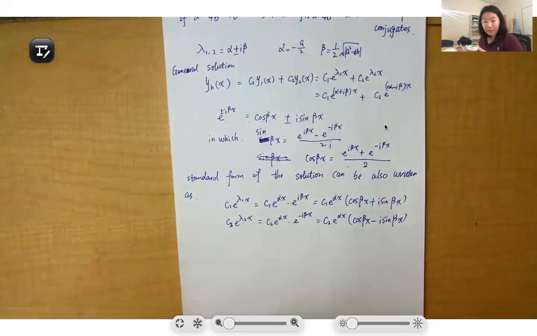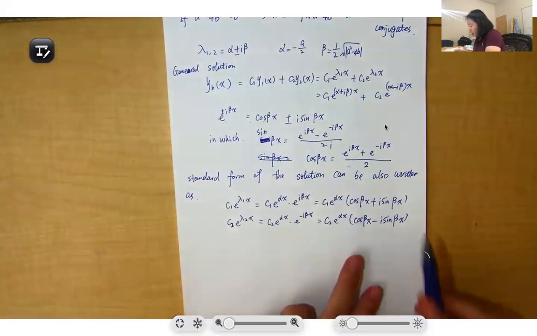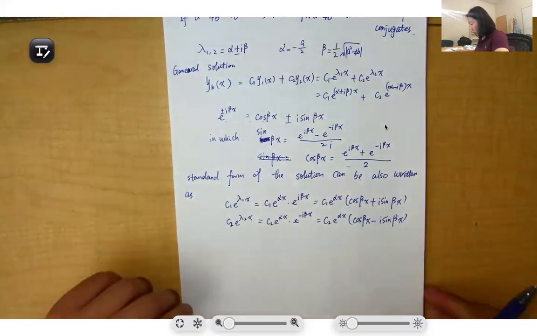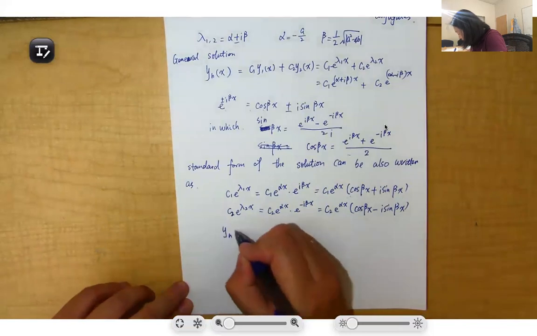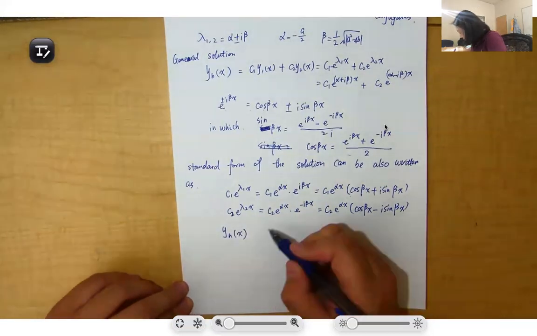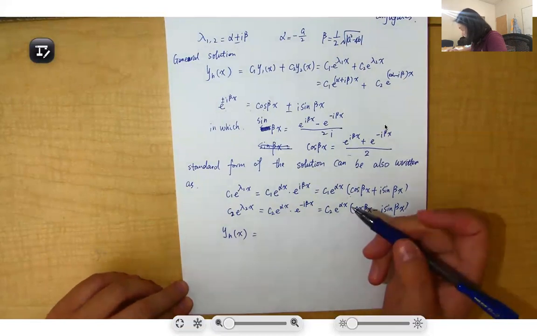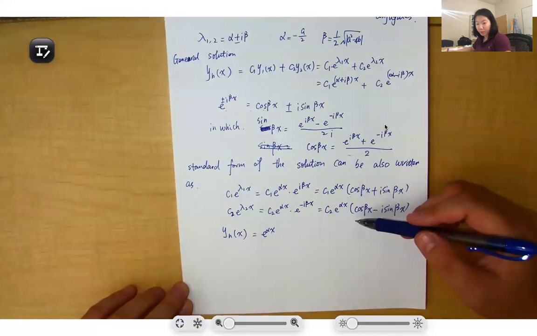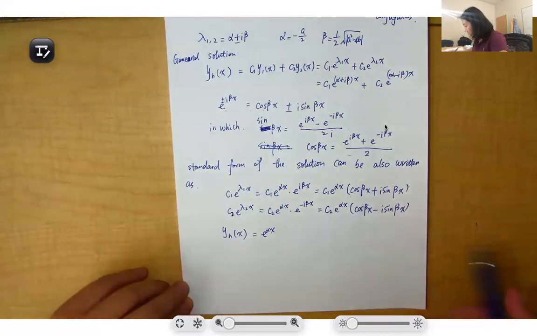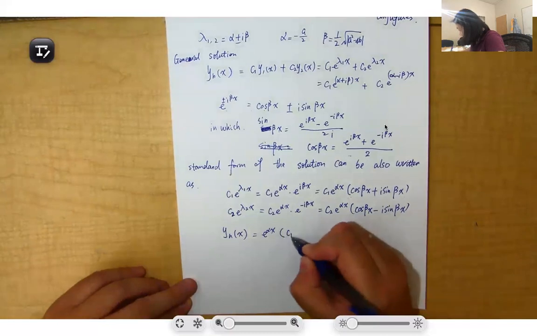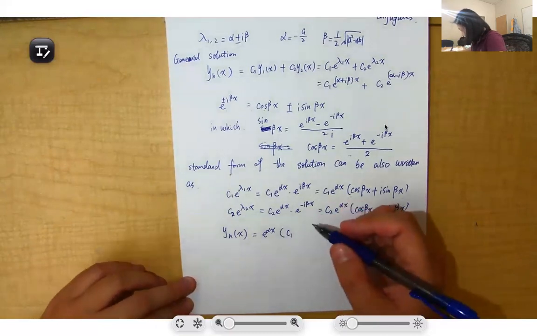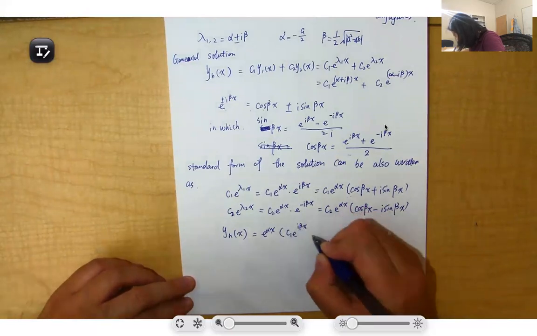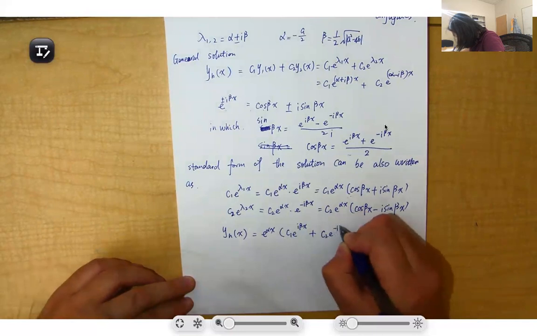And then you can input these two forms, represented by the cosine and the sine, into your original general solution y_h(x). Because both terms have the e to the alpha x factor, we make it outside: e to the alpha x times C1 e to the i beta x plus C2 e to the minus i beta x.